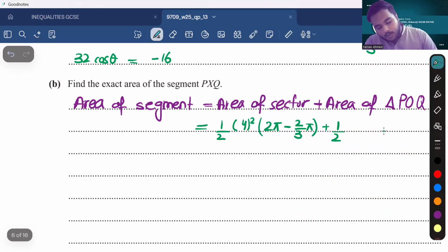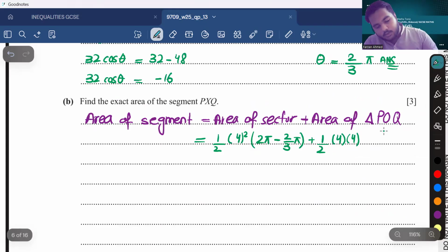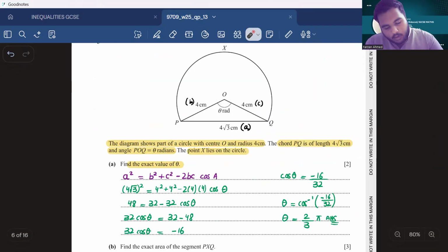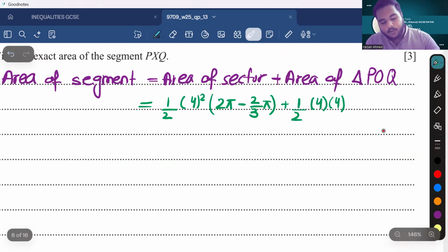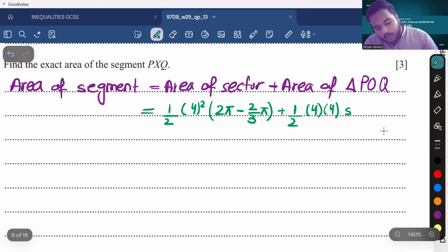And a is 4, b is also 4, because look, this is a, this is b for the area of triangle, and for sine C we use theta's value, so this is 2 upon 3 pi. So this will be sine 2 upon 3 pi.